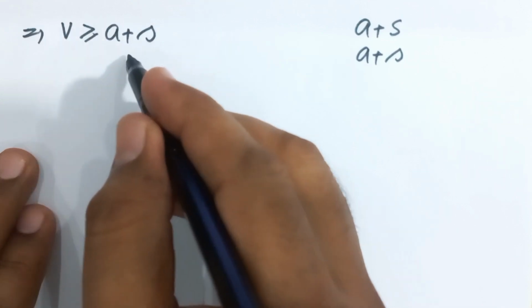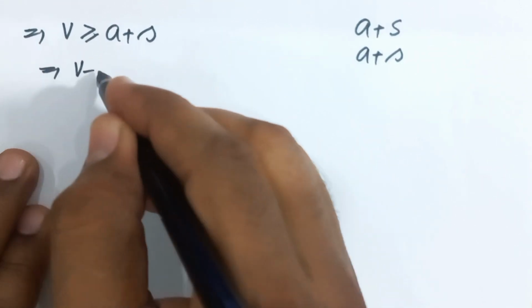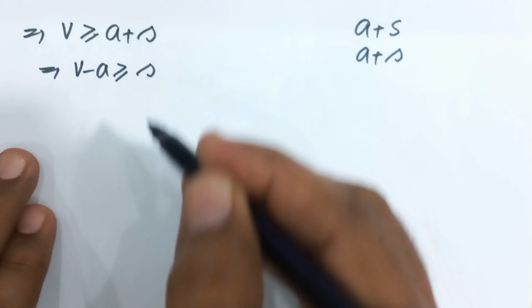By subtracting a on both sides, we have V minus a is greater than or equal to small s.